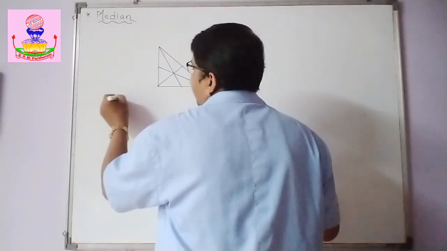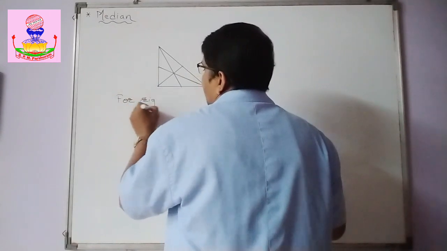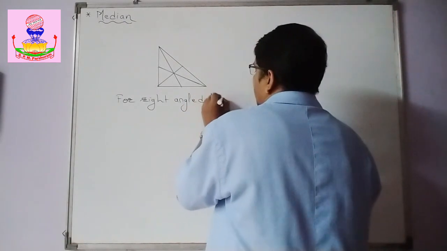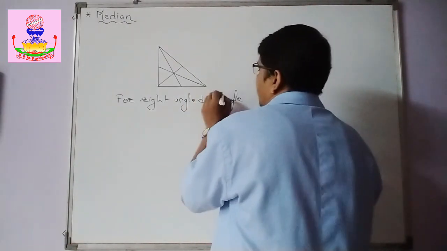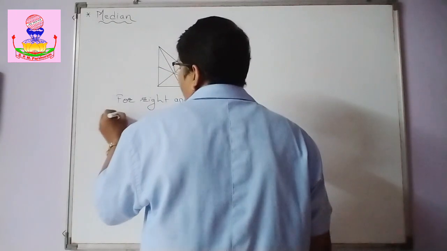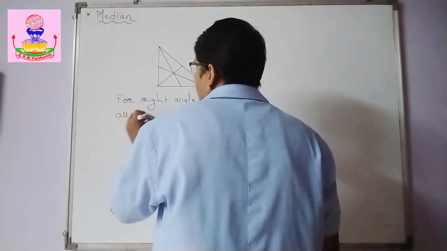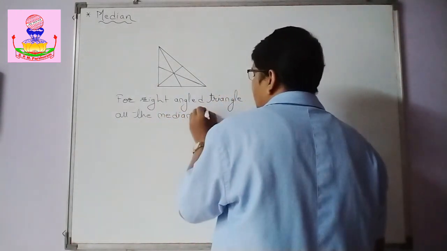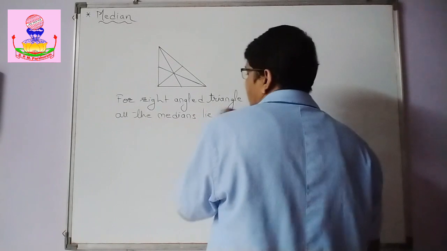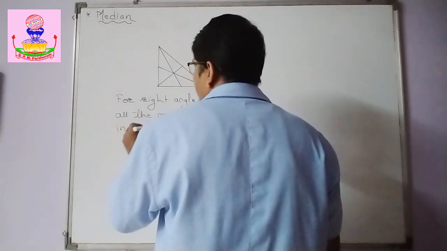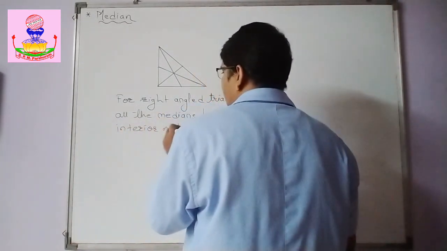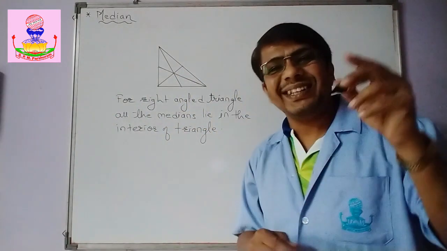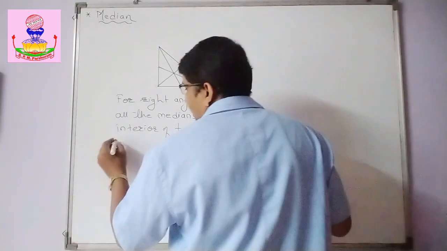So here we will say for right angle triangle, all the medians lie in the interior of triangle. That means centroid is also in the interior of triangle.